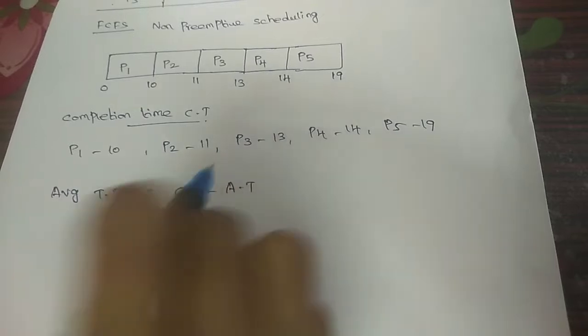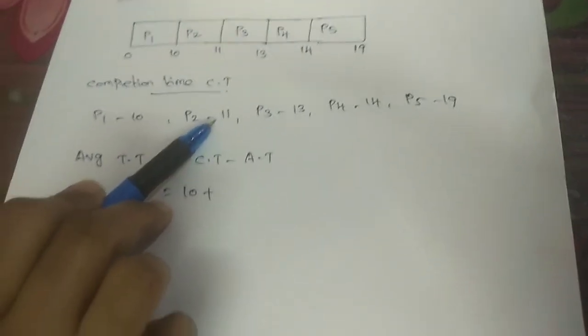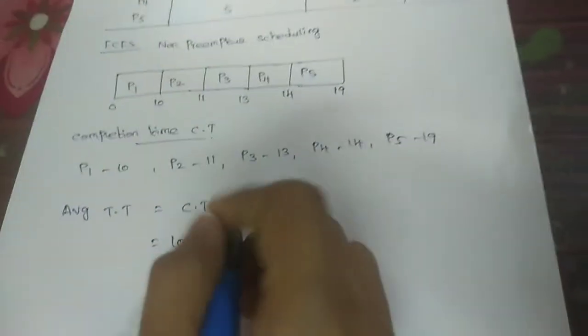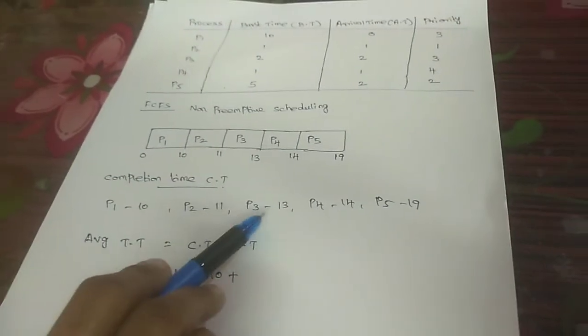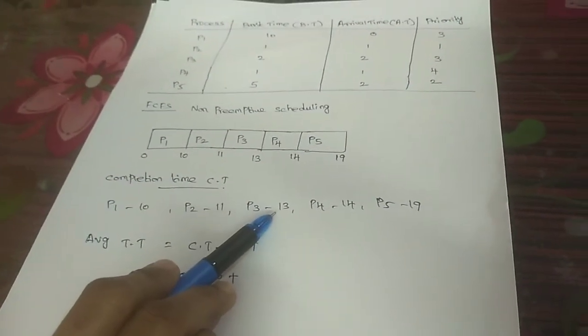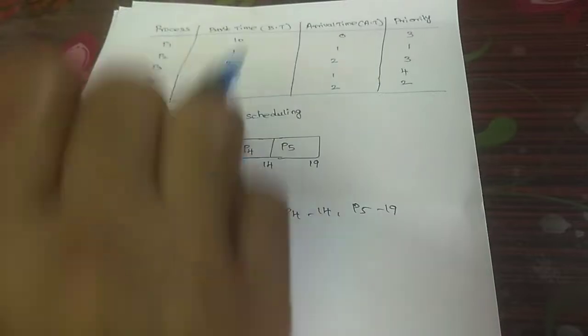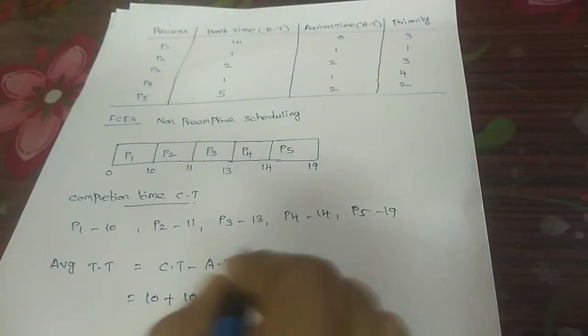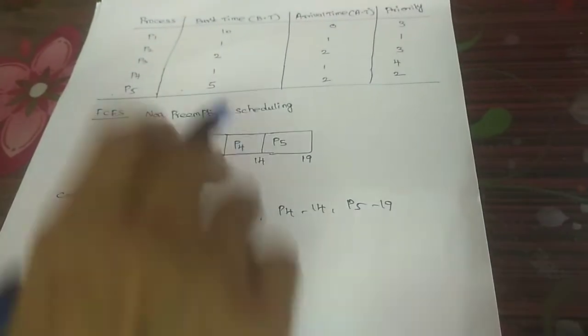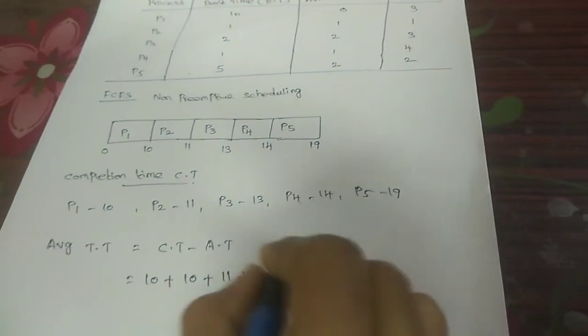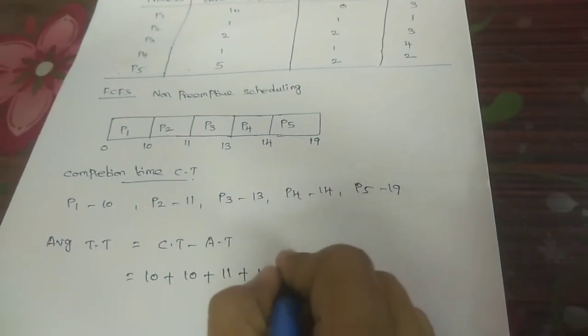Next for P2 we have the completion time as 11 and the arrival time as 1. So 11 minus 1, that is 10. Plus, the completion time of process P3 is 13 and the arrival time is 2, so 11. Next P4 is 14 and the arrival time is 1, so after subtracting we get 13.